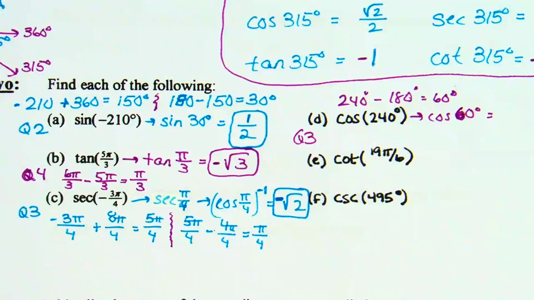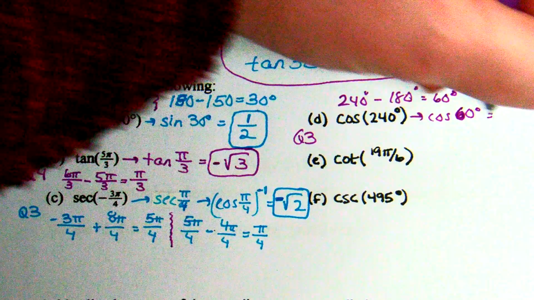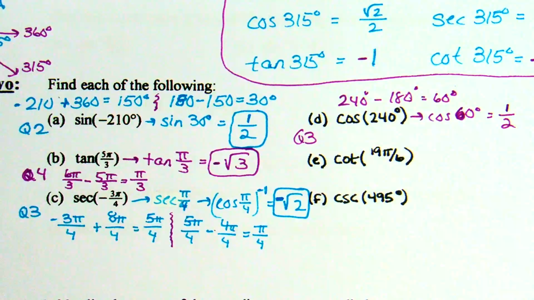So do you know something about the cosine of 60? It's 1/2. Okay. Because it's in quadrant 3, it's going to be negative. All students take.